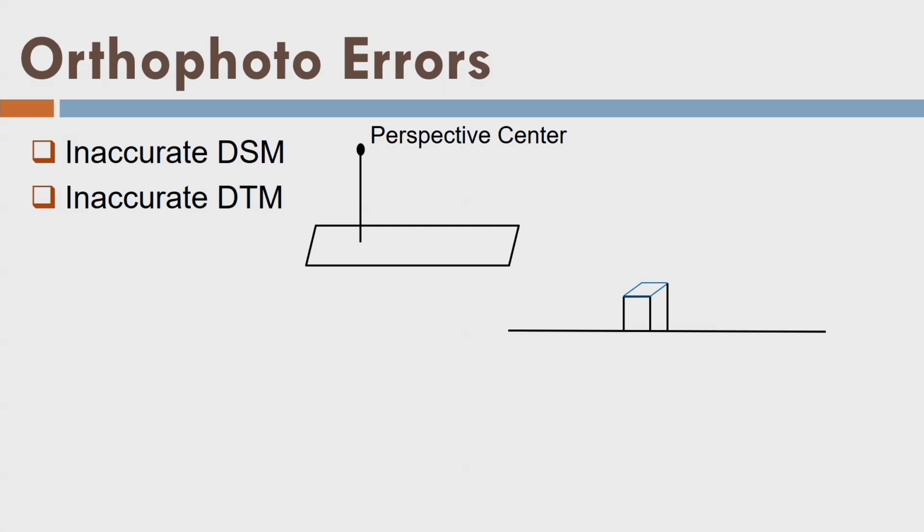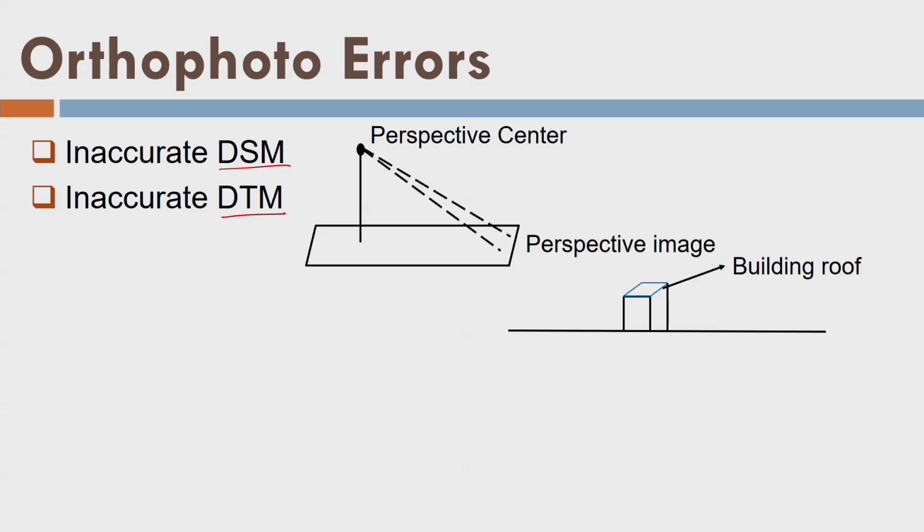So what are the errors that contributed to the orthophoto? So first is the inaccurate DSM or maybe inaccurate DTM. So let us say there is a building on the terrain or on the DSM. However, DSM does not contain it, or you have removed it, you have created DTM, and now you are using DTM, you are trying to develop orthophoto. So what will happen?